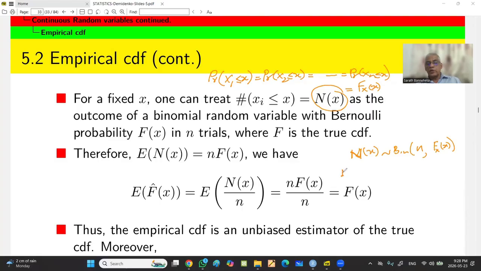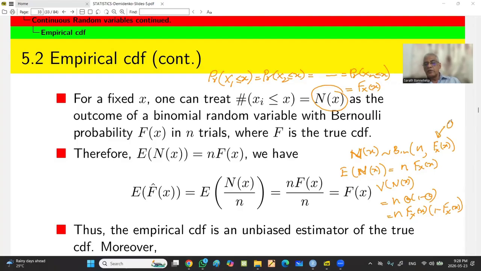So therefore, we know that the expected value of Nx is equal to n times theta, so that is equal to n times F(x). The variance of Nx is equal to n times theta times 1 minus theta, so that is equal to n times F(x) times 1 minus F(x).